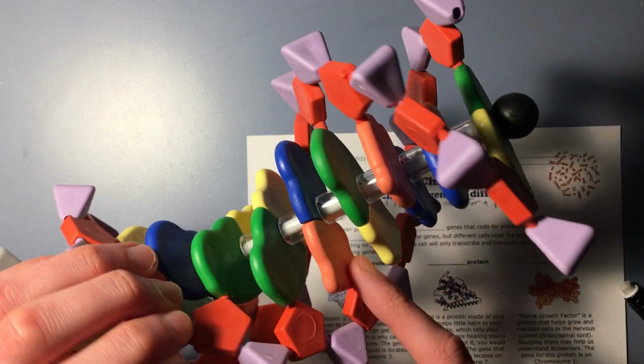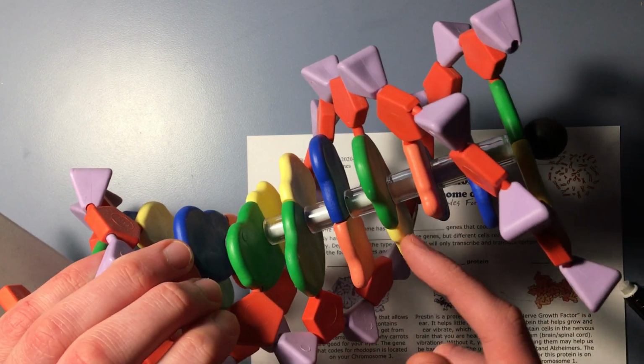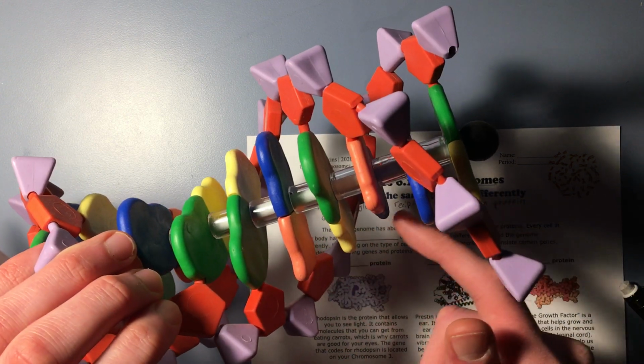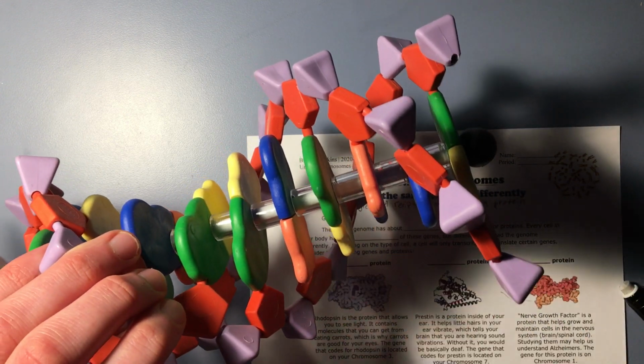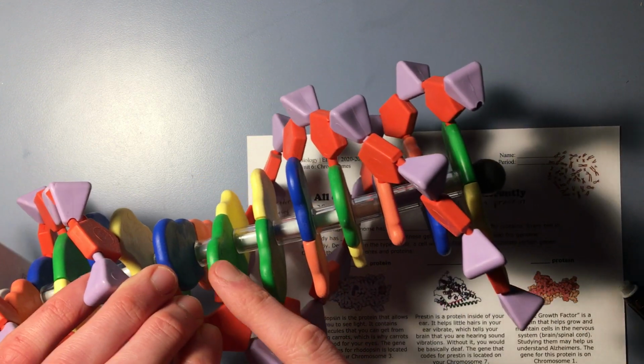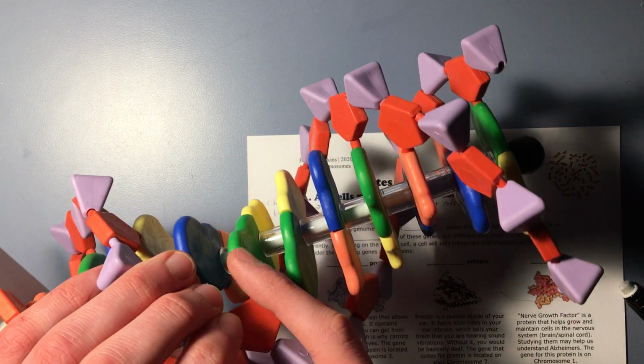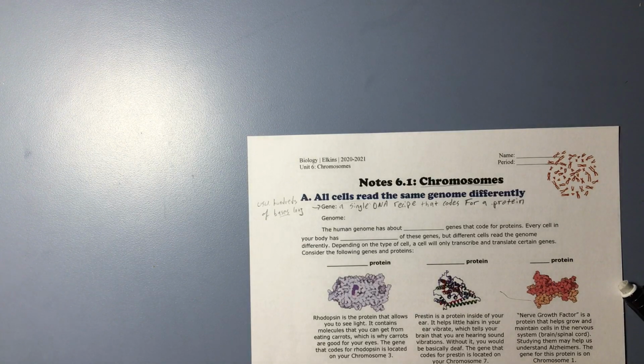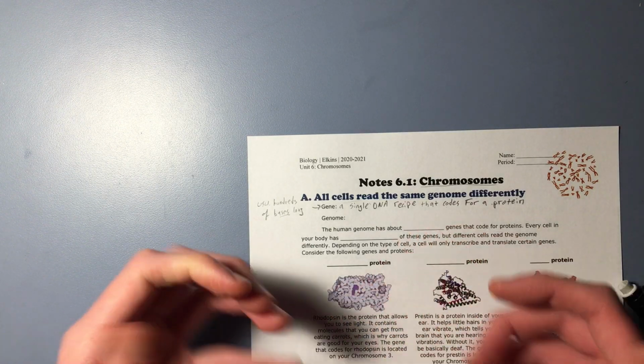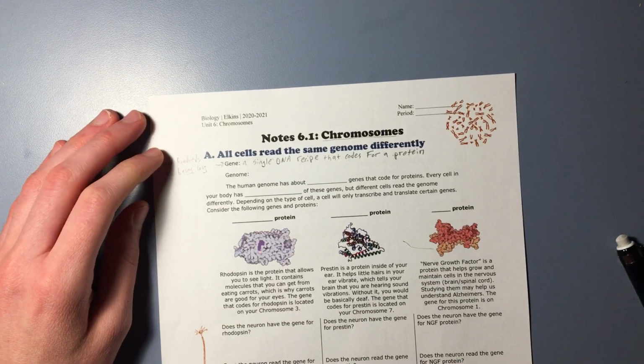These molecules spell out the instructions for building proteins, and proteins are super important in your cells. And typically, if I have hundreds of these strung together, that is going to make a gene, or a recipe for building a protein, okay?